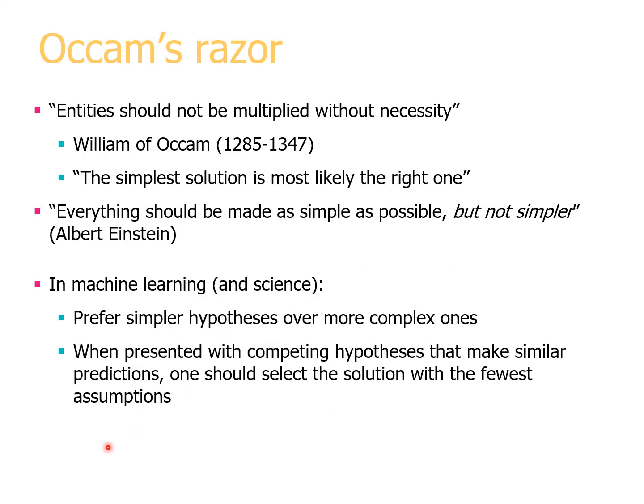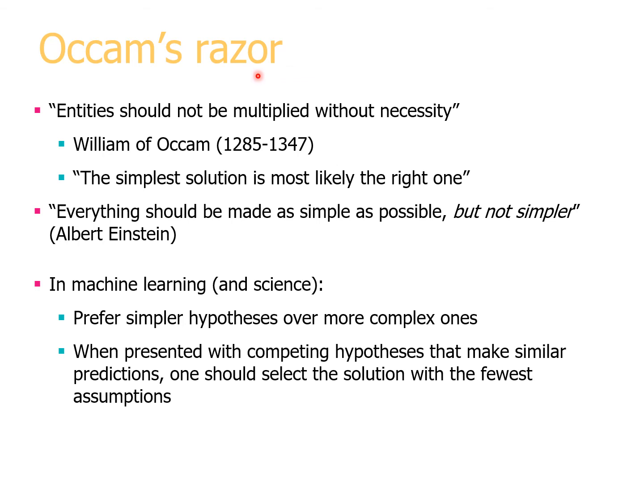So far I explained that a small decision tree is better than a large decision tree. In other words, a small model is better than complex ones. Actually, this principle is quite general and universal. It is called Occam's razor.